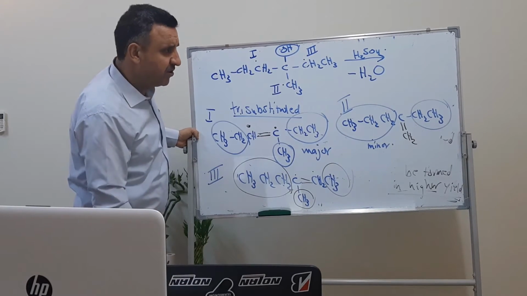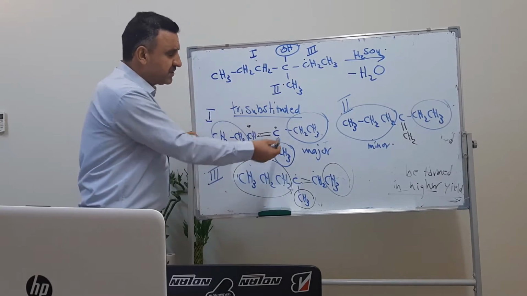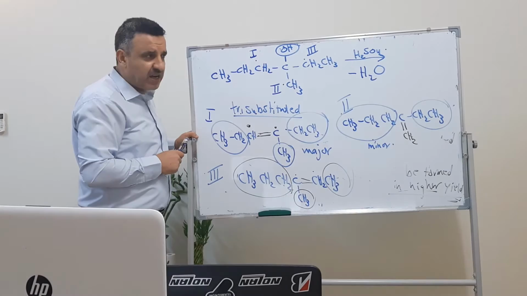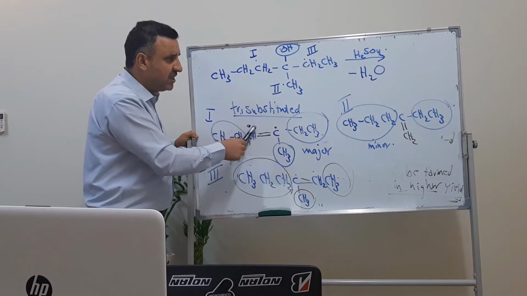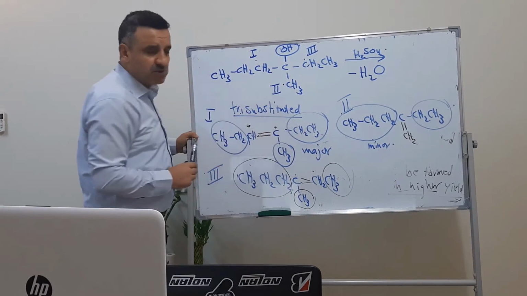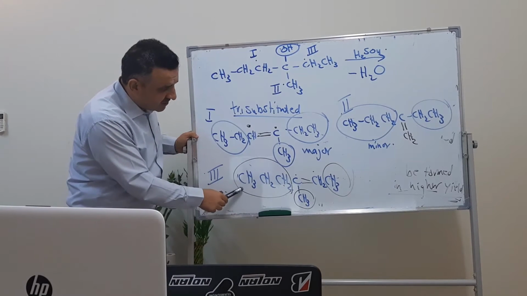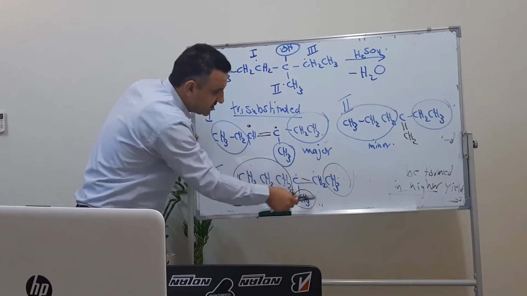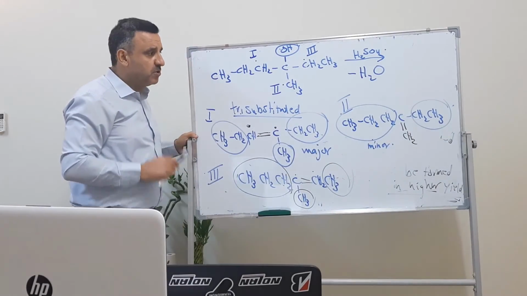Is there a possibility for E? Yes, of course, because simply we have 3 different atoms or groups attached to the carbon double bond carbon. So there could be E and Z. So there are 2 possible products of this. Here, is there a possibility for E and Z? Yes, again, because again it's attached to 3 different groups or atoms.